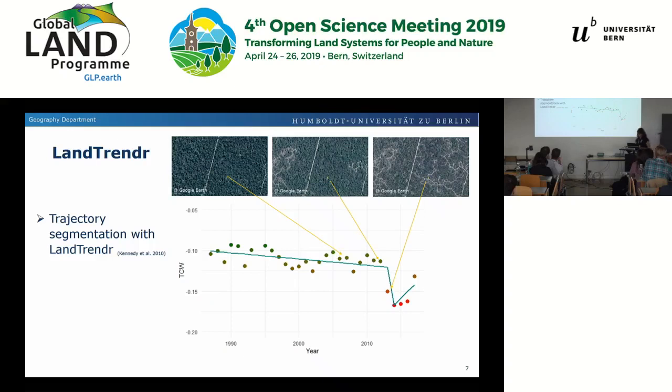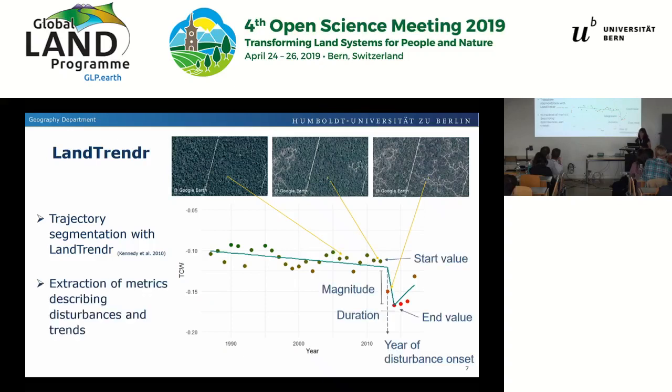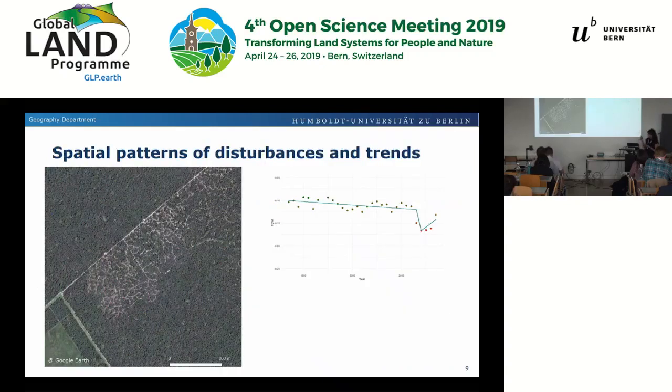change of selective logging. From the segmentation, from the LandTrendr result, it is possible to extract metrics that describe the disturbance, for example, the magnitude of it, or the duration, in this case just 1 year, or the year when this happened. And that information can then be used to map the disturbances.